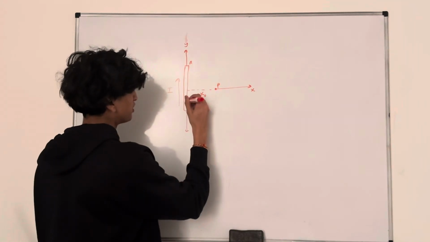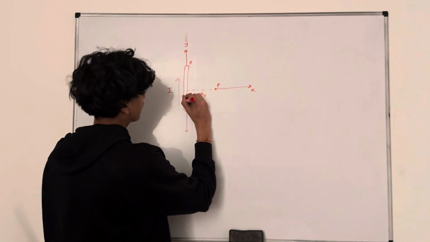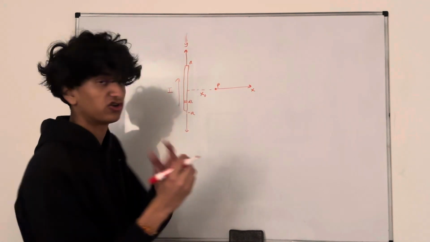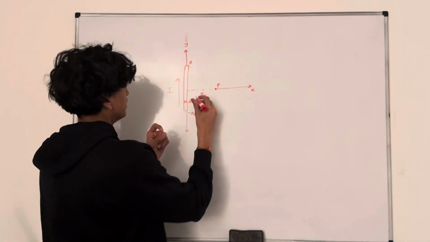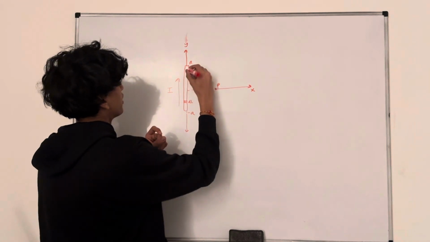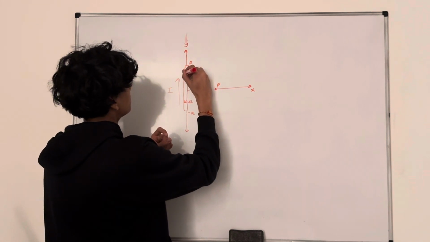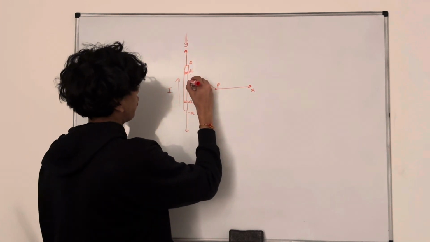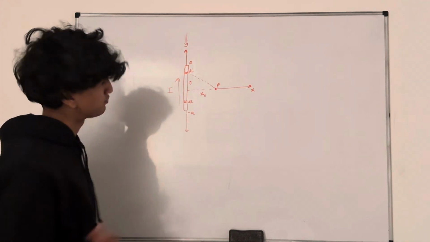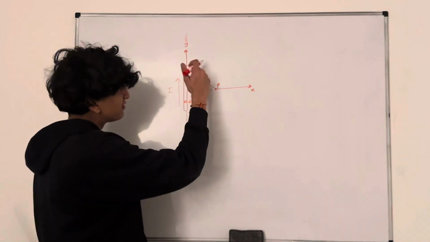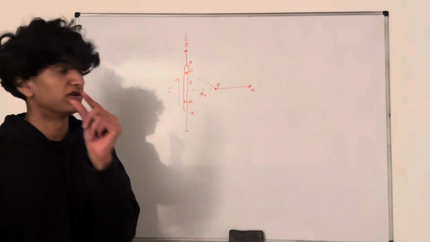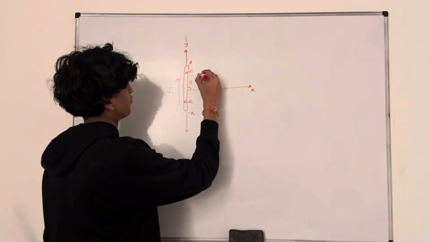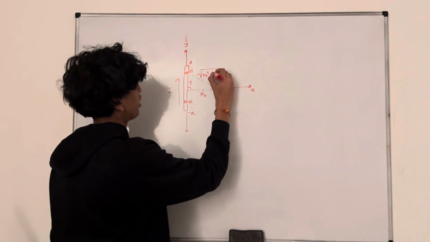So there's going to be a very small section of wire of length dl, at a height y above point P, and the distance from that small section of wire dl is, using the Pythagorean theorem, the square root of x initial squared plus y squared.